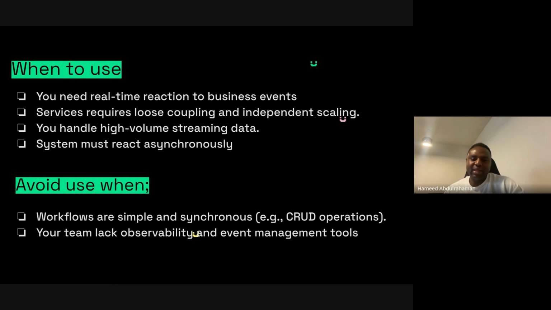You don't need the ambiguity or complexity of microservices and event-driven design. You don't need that complication in simple workflows that you could do without having multiple services handling just one single request or single event. So you don't need to overdo it when you have simple workflows.